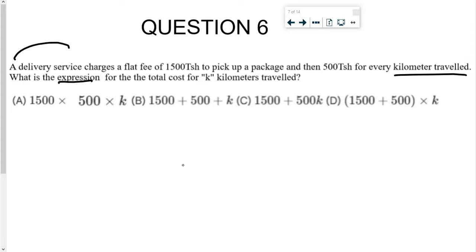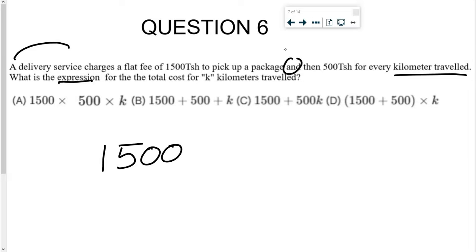What is the expression for the total cost for K kilometers traveled? So a delivery service charges a flat fee of 1,500 to pick up a package.